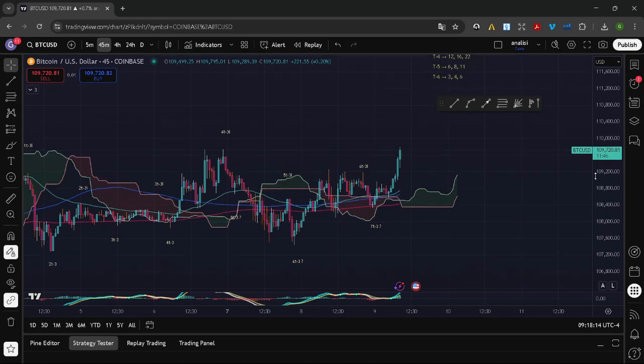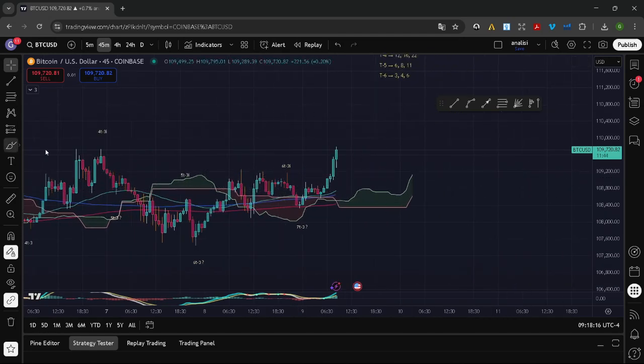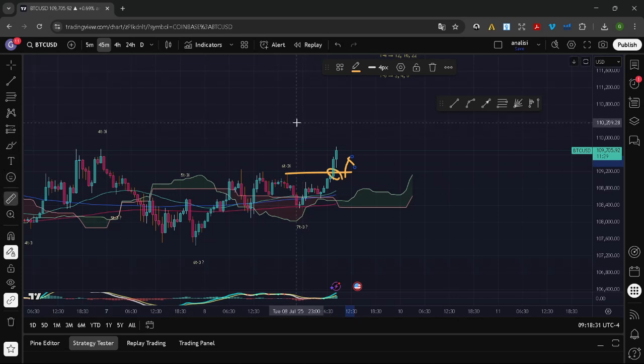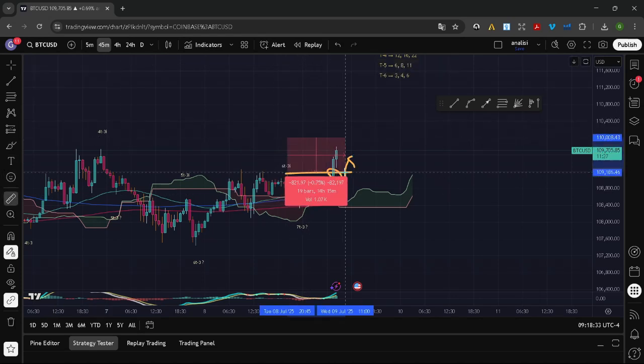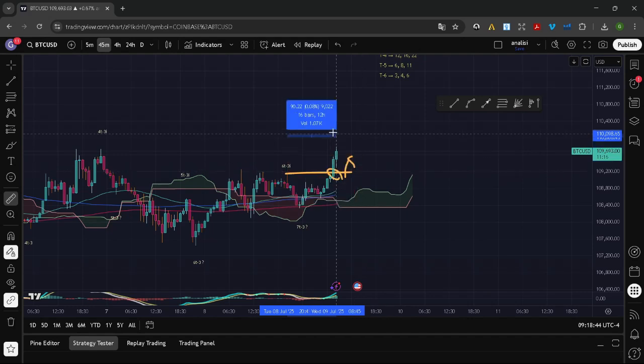So we can also expect today, if you, for example, enter at this level, you take your position at this time frame, you can expect to start a long position that can last at minimum until tomorrow. Okay, this is the minimum time that we can take this long position.